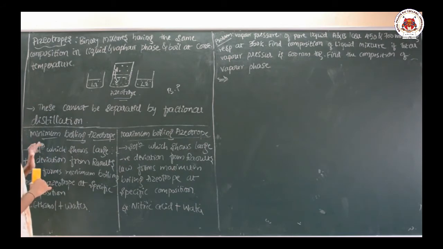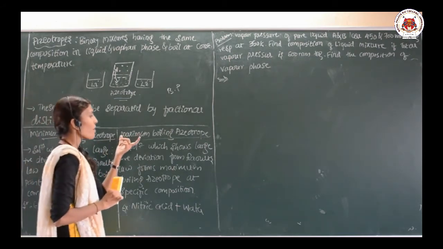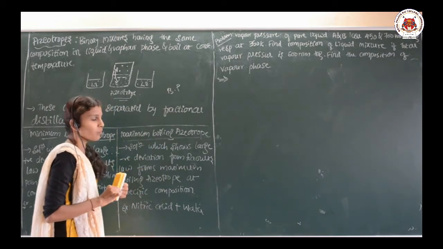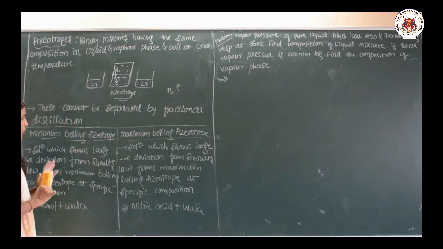Next, azeotropes are divided into two categories: one is the minimum boiling azeotrope and the other is the maximum boiling azeotrope. Which type of solution shows the minimum boiling azeotrope?